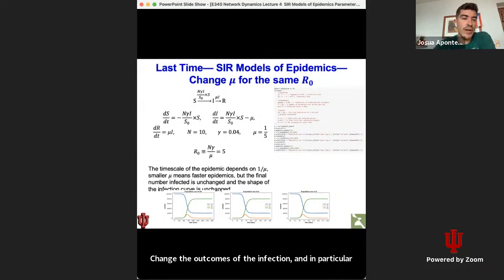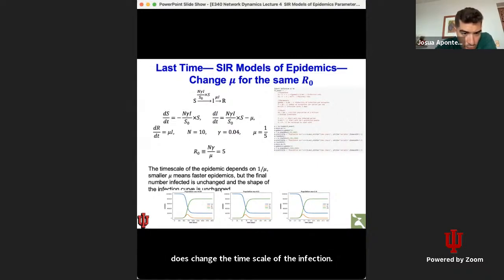And in particular, we saw that varying mu, again, which is the recovery rate, doesn't necessarily affect the final number of infected individuals, nor the shape of the infection, which is sometimes important, but it does change the time scale of the infection.